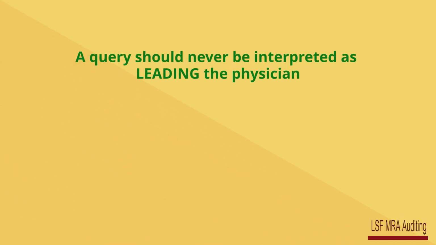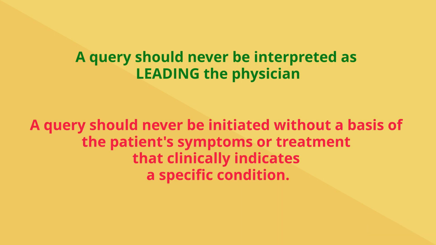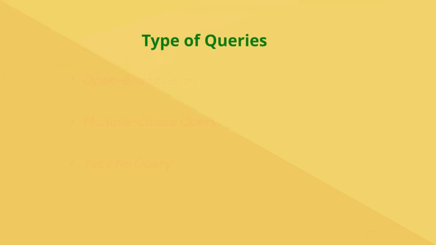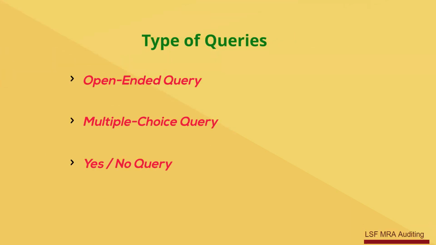A query can be worded differently but should never be interpreted as leading the physician. A query should never be initiated without a basis of the patient's symptoms or treatment that clinically indicates a specific condition. A query can be formulated in different manners, including the following: open-ended query, multiple-choice query, yes or no query.